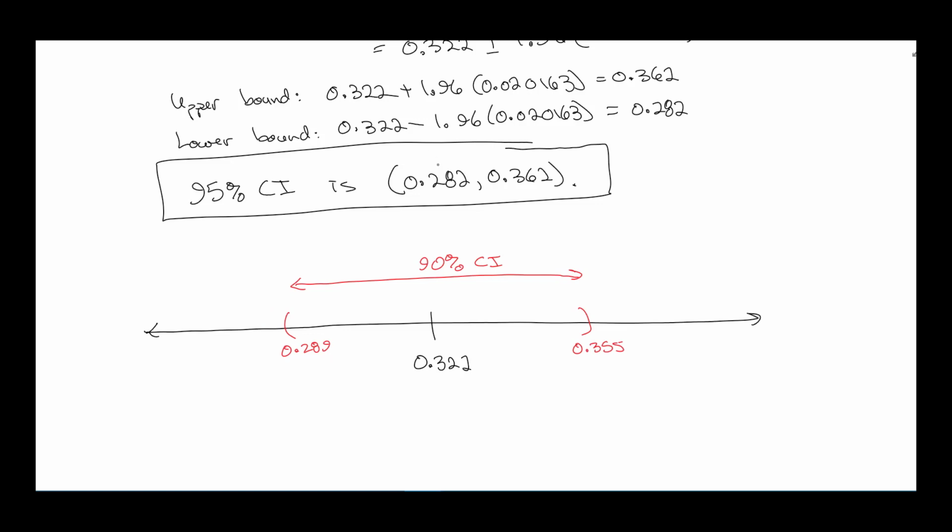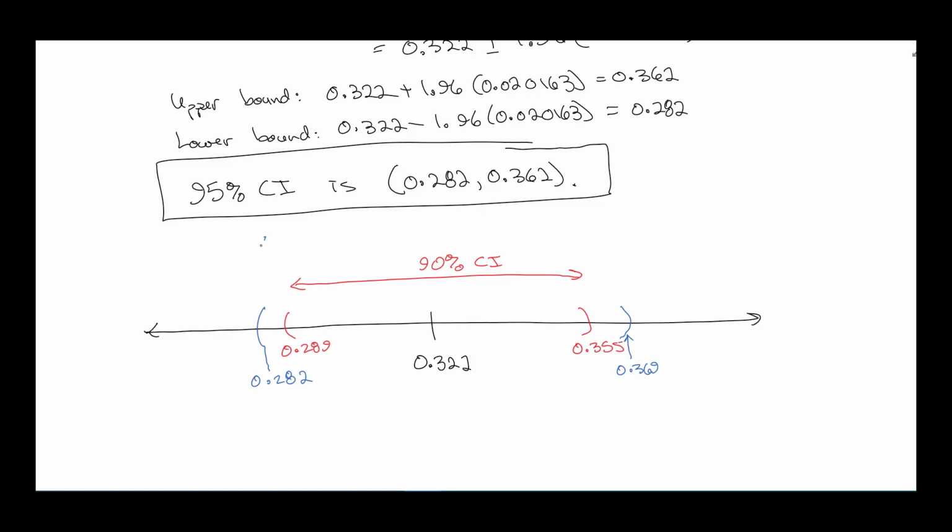It's about 7 hundredths away from this one, so maybe a fourth of the distance. So let me just draw an arrow here. This is my 0.282. And then here's my 0.362.